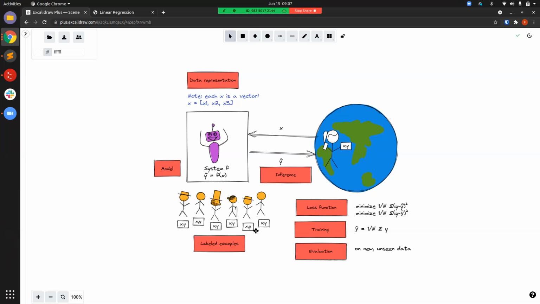Next, we need to decide on a loss function. And last week, we said for this simple problem, we'll choose as our loss function the mean of the square of the difference between our prediction and the true value. So this expression y minus y hat is the difference between the true value and the prediction.